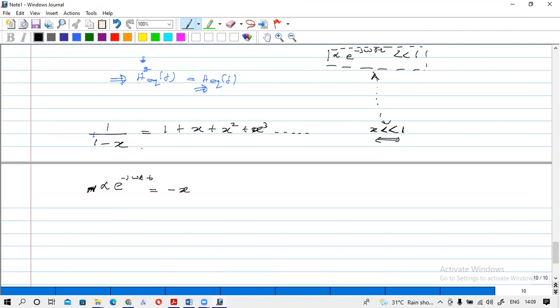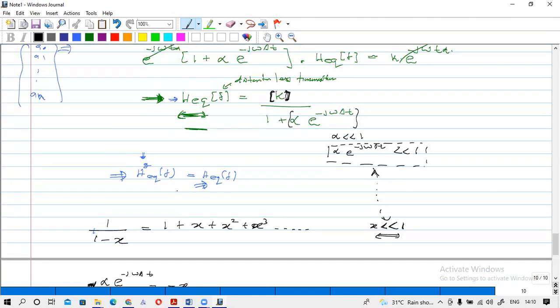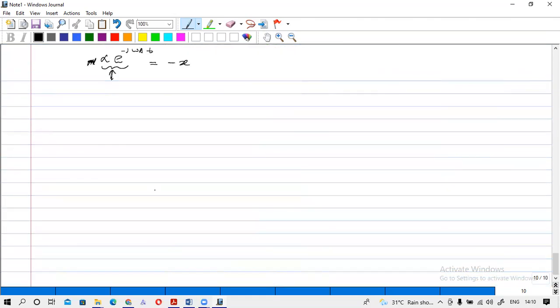Because this alpha is very less than 1 and this one also very less than 1, this total value also will be a very small value. So I will equate it to minus x. So here I can write this H EQ.